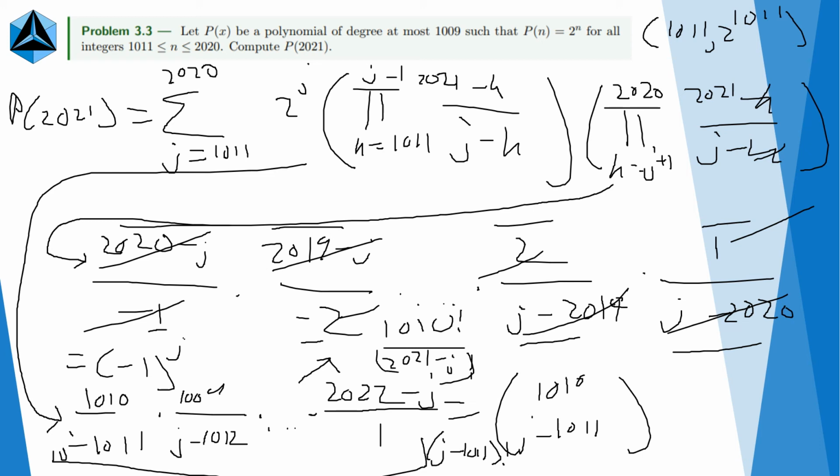So put these together, and it turns out that this is precisely equal to 1010 choose (j minus 1011). So that's pretty cool.